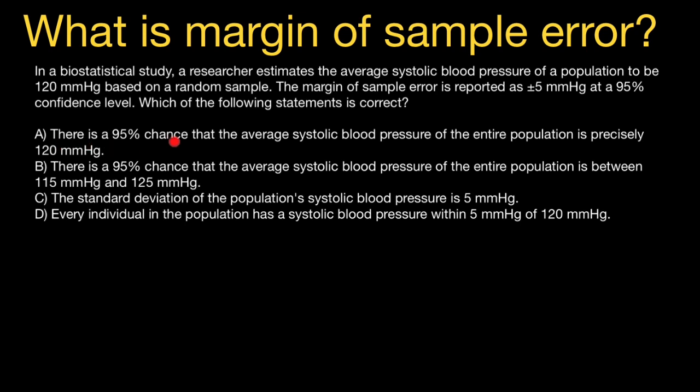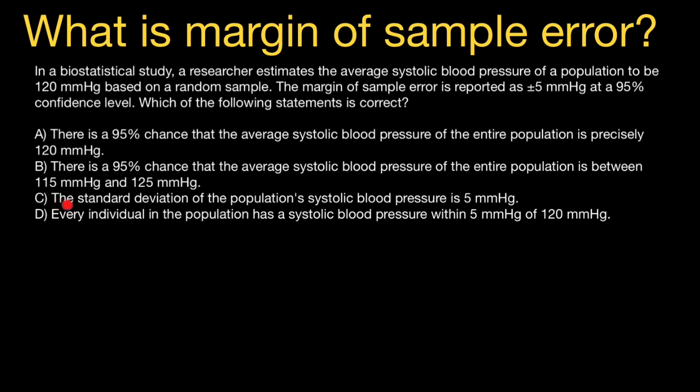Variant A, there is 95% chance that the average systolic blood pressure of the entire population is precisely at 120 millimeters of mercury. Variant B, there is 95% chance that the average systolic blood pressure of the entire population is between 115 and 125 millimeters of mercury.